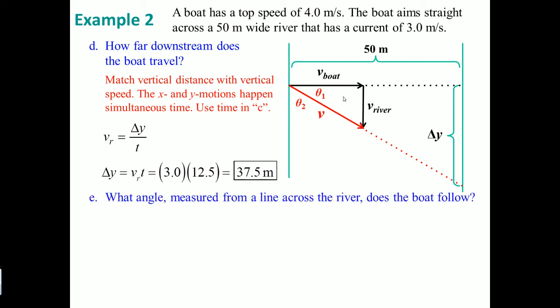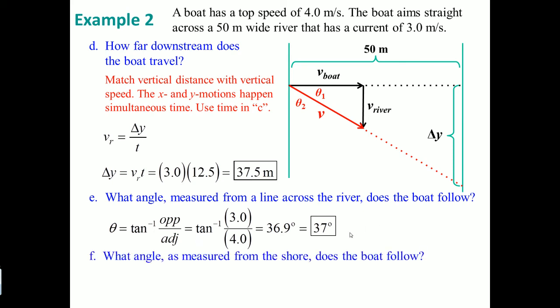If you want to know this angle, you would use tan, because you have the opposite and adjacent legs, so use tan inverse. If you want to know how far it is from the shore, subtract it from 90 degrees, because originally it's 90 degrees.